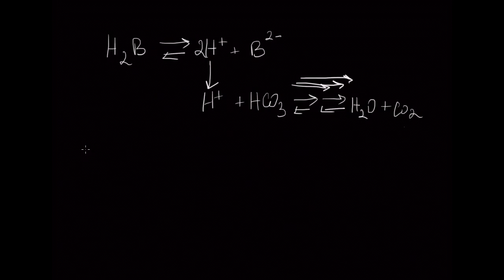For every anion that you make, you have created 2 new protons, which then quench 2 bicarbonates.